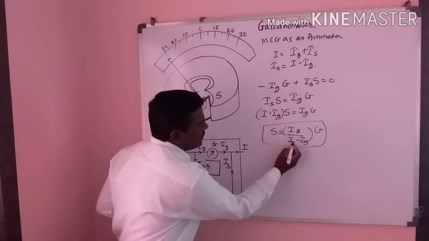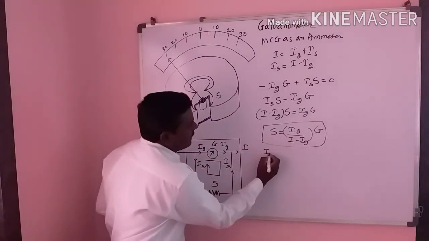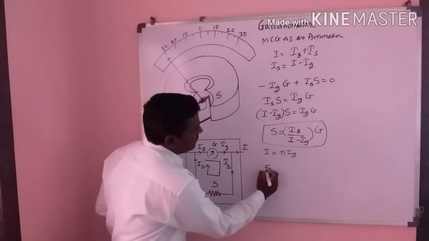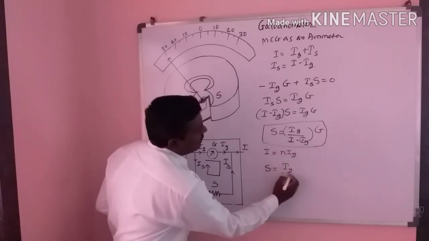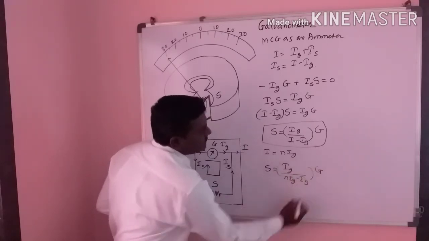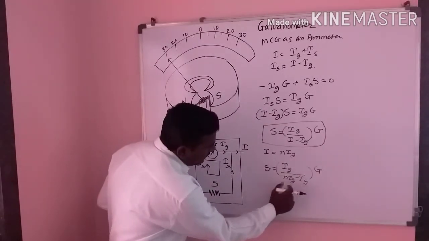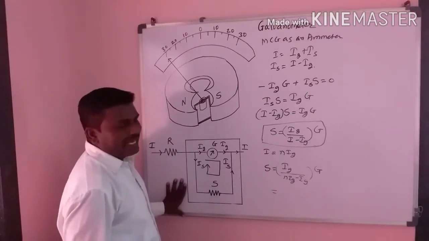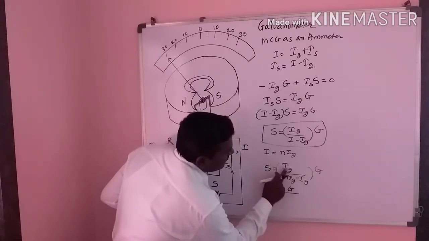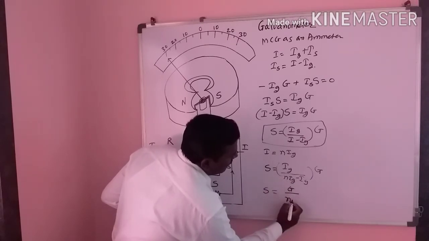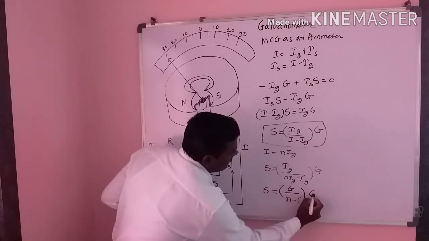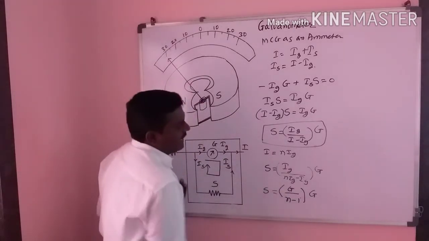If the current flowing through the circuit is N times Ig, we substitute this value: S = Ig upon (N Ig - Ig) into G. Ig is the common term, so it cancels, and we write S = G upon (N - 1).